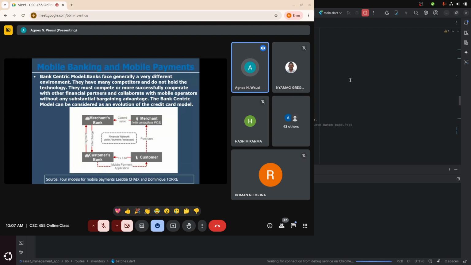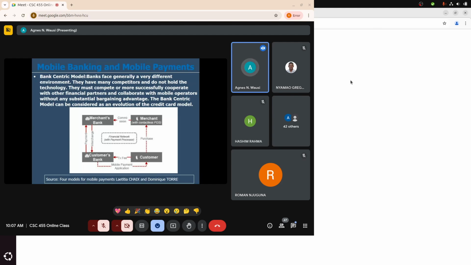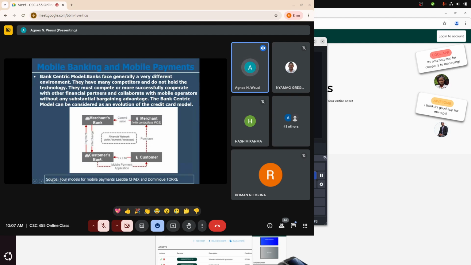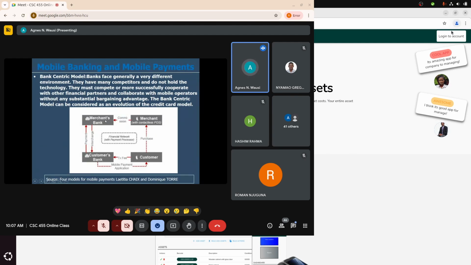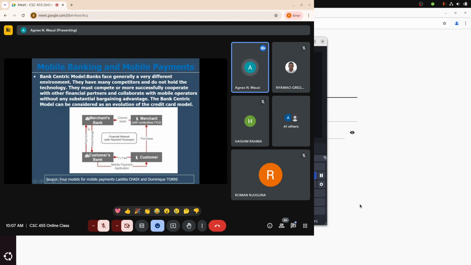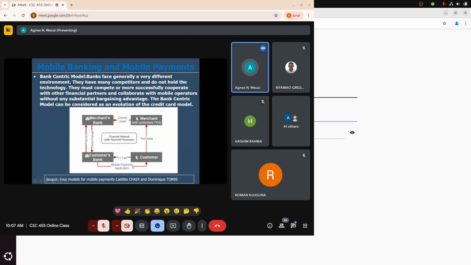So here you can see that when it's time for payment, the customer requests the bank to create that payment, and the payment goes to the merchant. And then there's that interchange that is happening, and you can see here the mobile payment application.